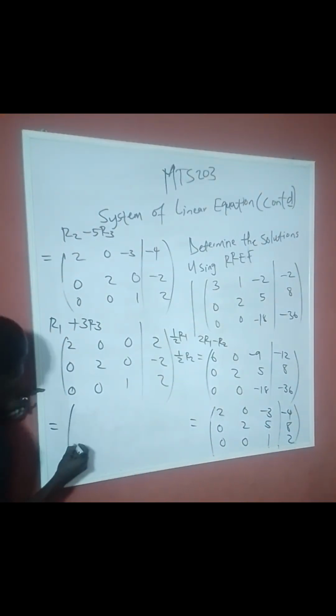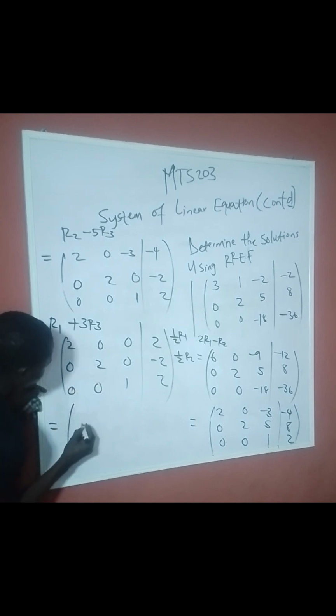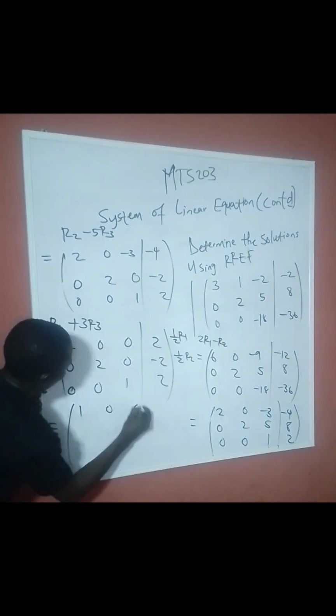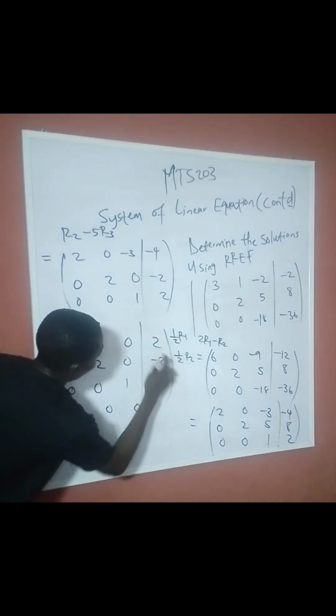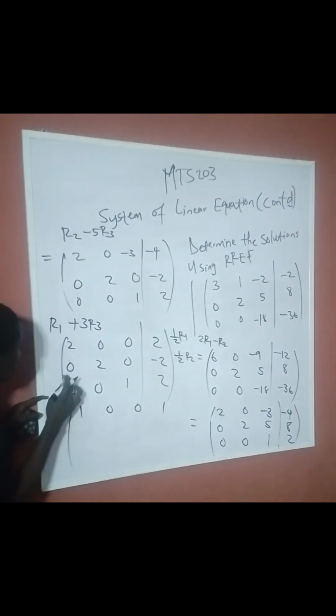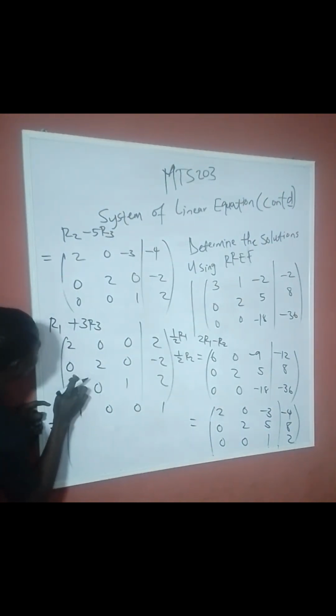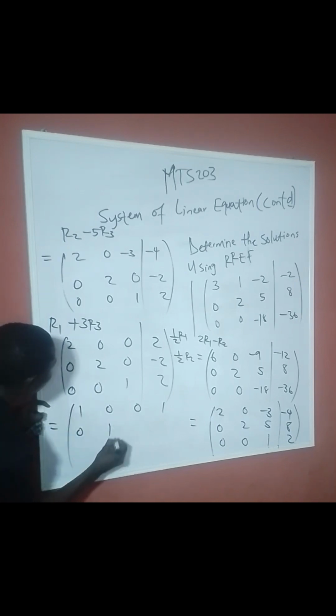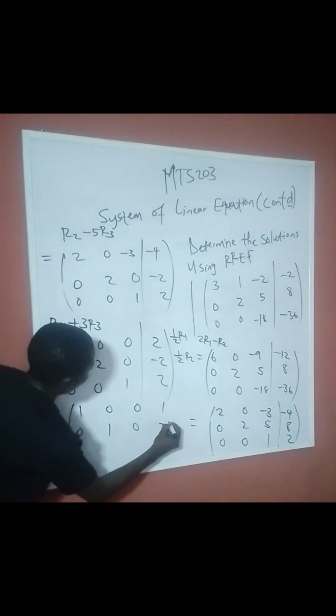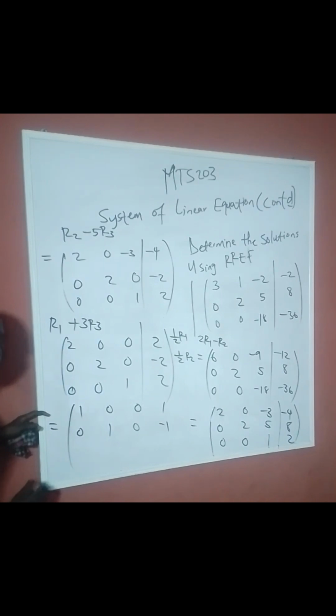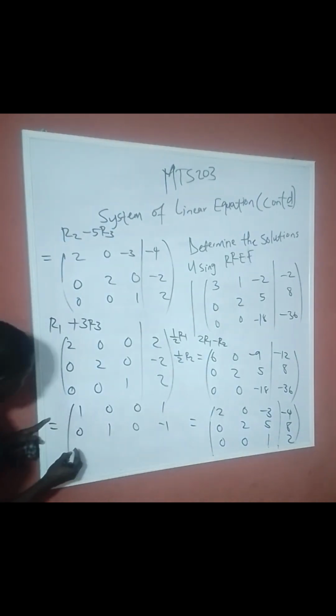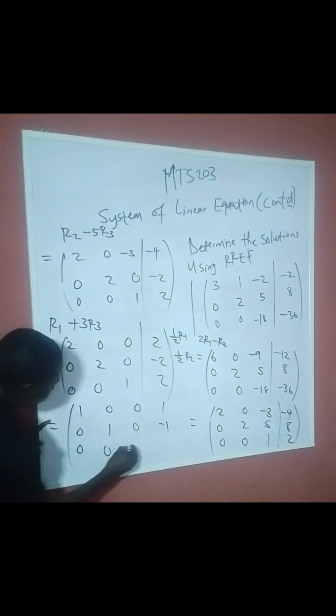So I have 1, 0, 0, 1, and 0, 1, 0, minus 1, since I'm dividing by 2. And for the last one, 0, 0, 1, 2.